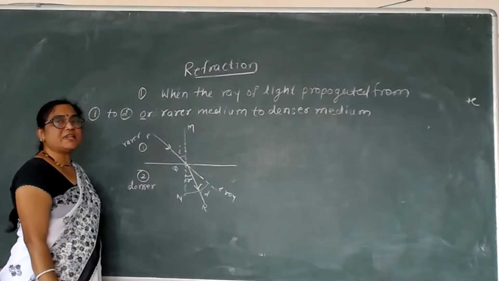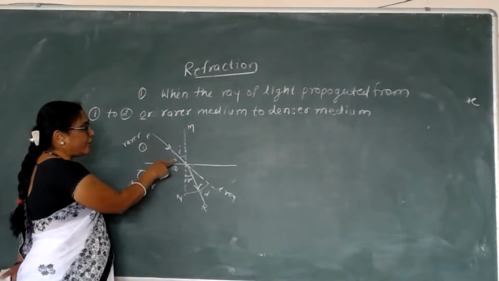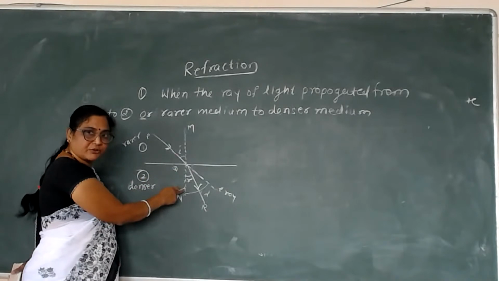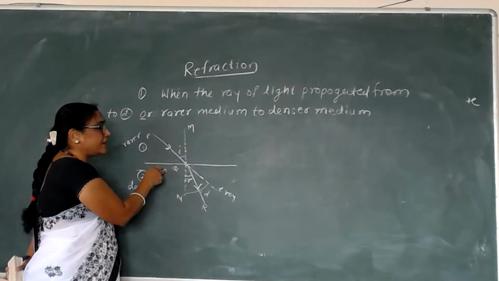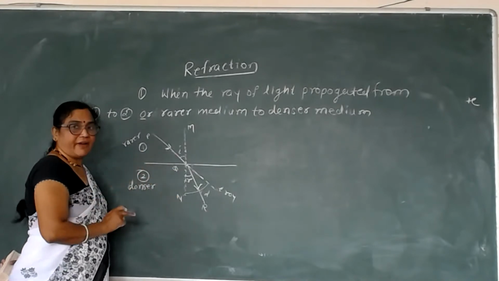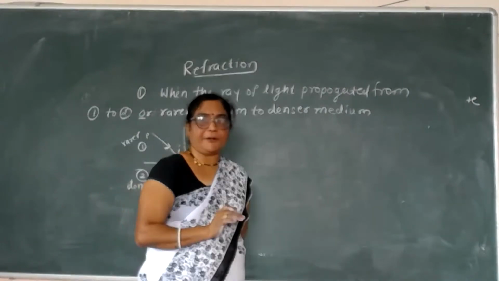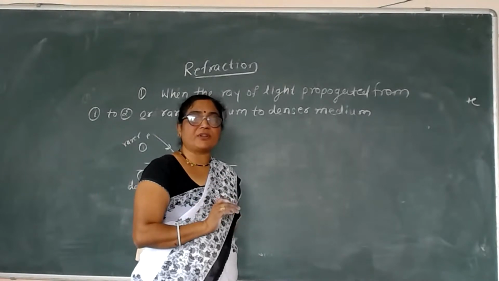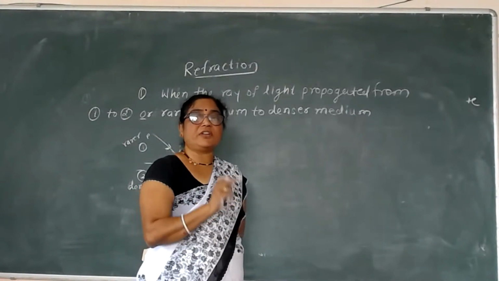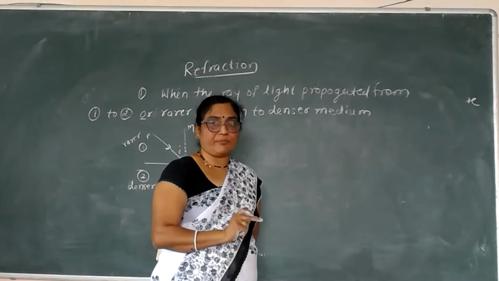So according to Snell's law, the sine of the angle of incidence is directly proportional to the sine of the angle of refraction. Here Snell's law is valid, but sometimes Snell's law is not valid, meaning there are some limitations. Snell's law is not applicable for the normal ray.